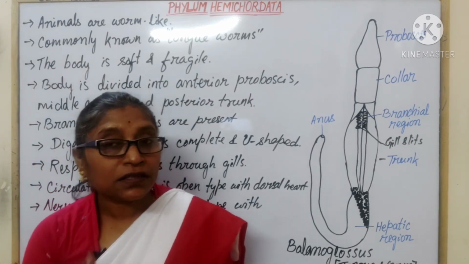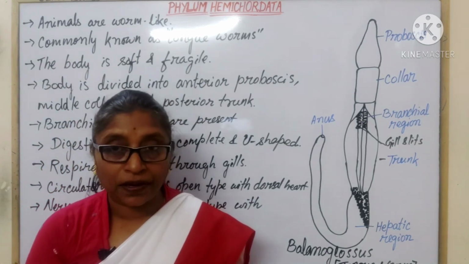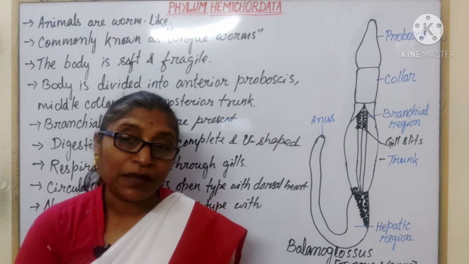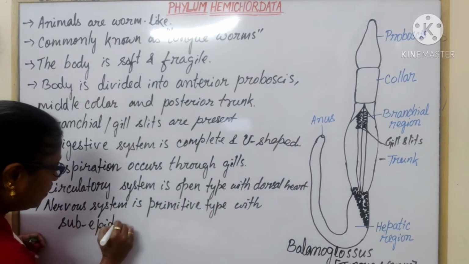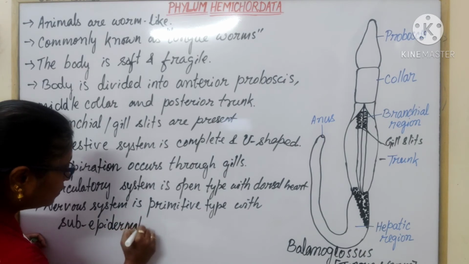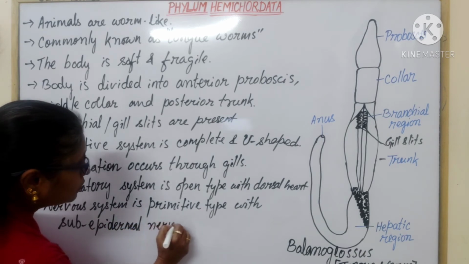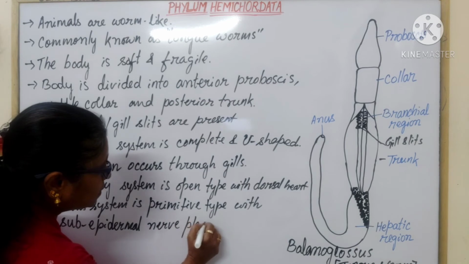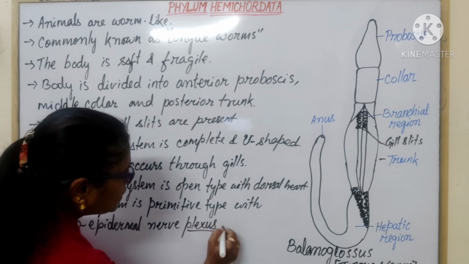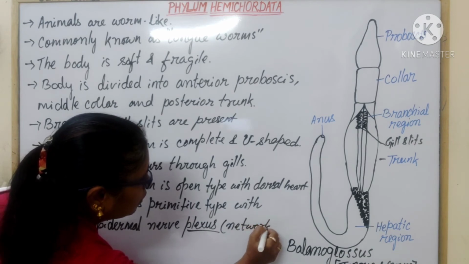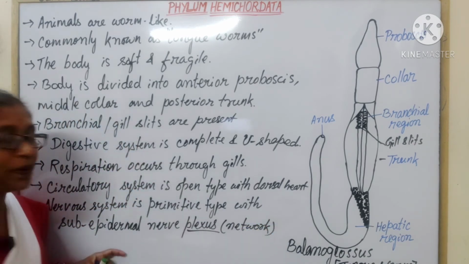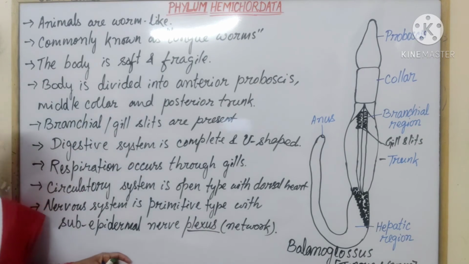Epidermal means skin, sub means below the epidermis, plexus means network. Nerve nets are present below the skin.